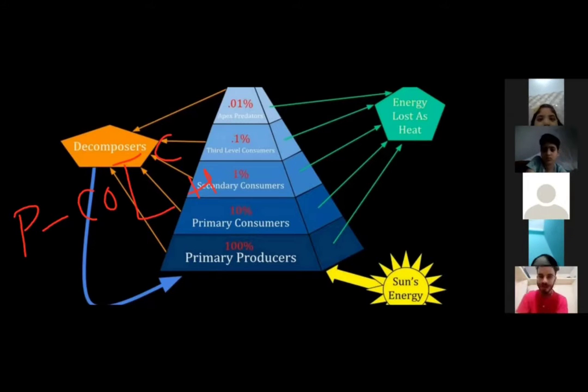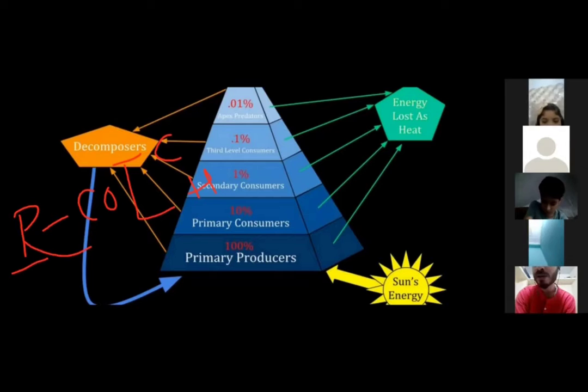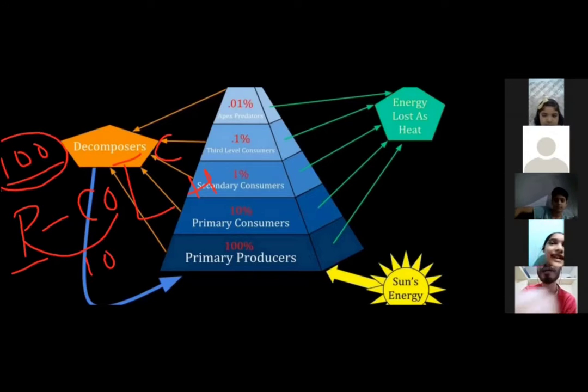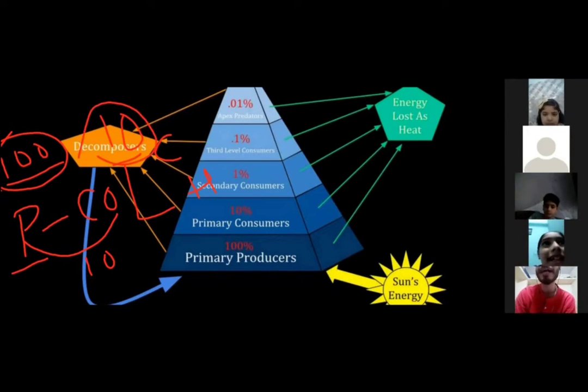What happens here is that the energy transfer from producers to consumers will be only 10%. That means if grass has the energy of 100 points, listen to me carefully, only 10 points will reach the second level. What happens to the rest of the 90 points?